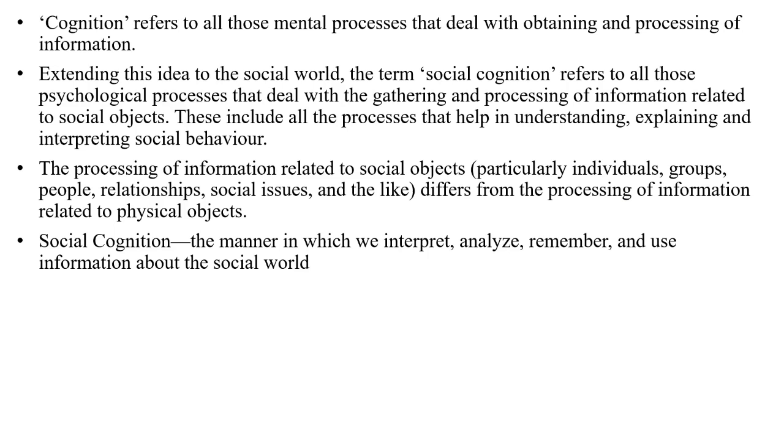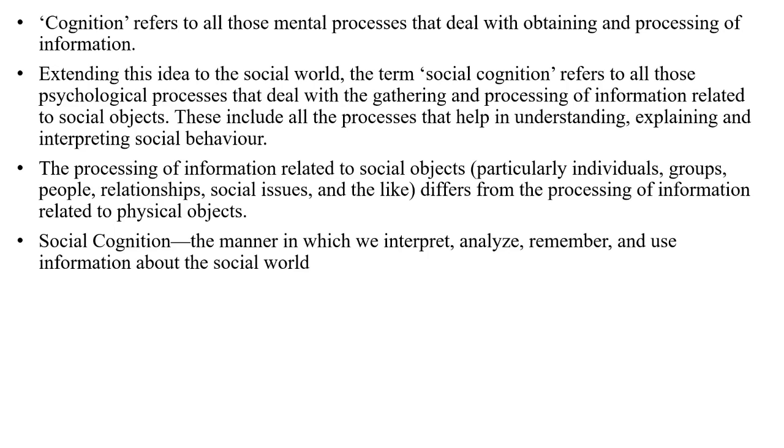And extending this idea to the social world, the term social cognition refers to all those psychological processes that deal with the gathering and processing of information related to social objects. These include all the processes that help in understanding, explaining, and interpreting social behavior.